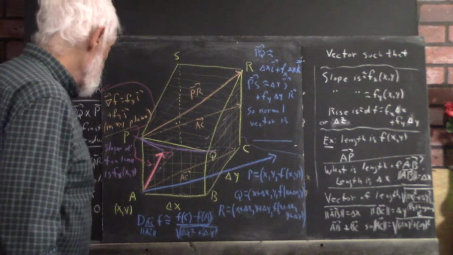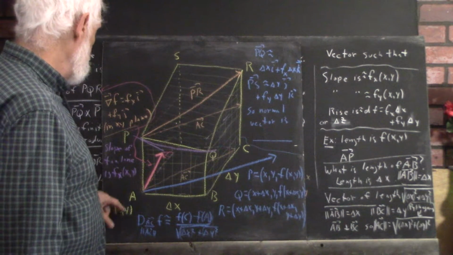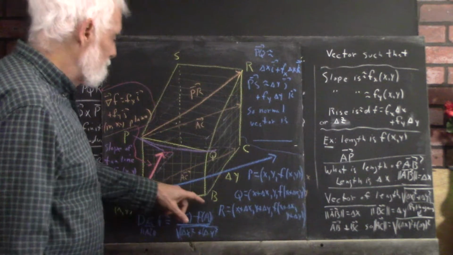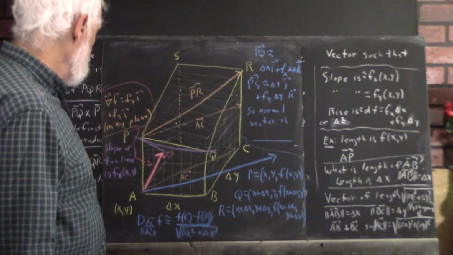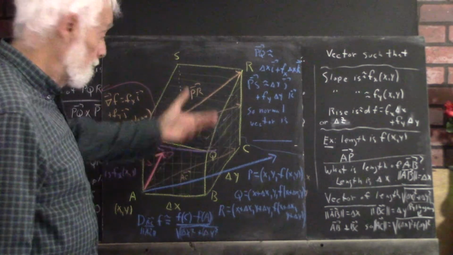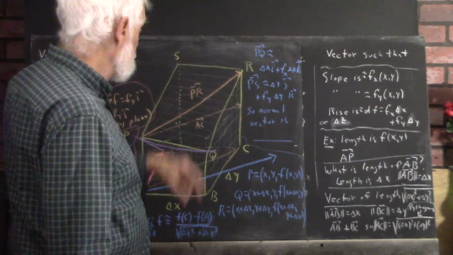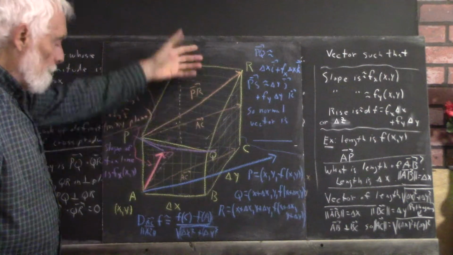Okay, A is the point x, y, so that B, C, and D have coordinates that are easy to write down, you know, x plus delta x, y, and so forth. You have your P, Q, R, and S, and these are labels that we're used to up here.